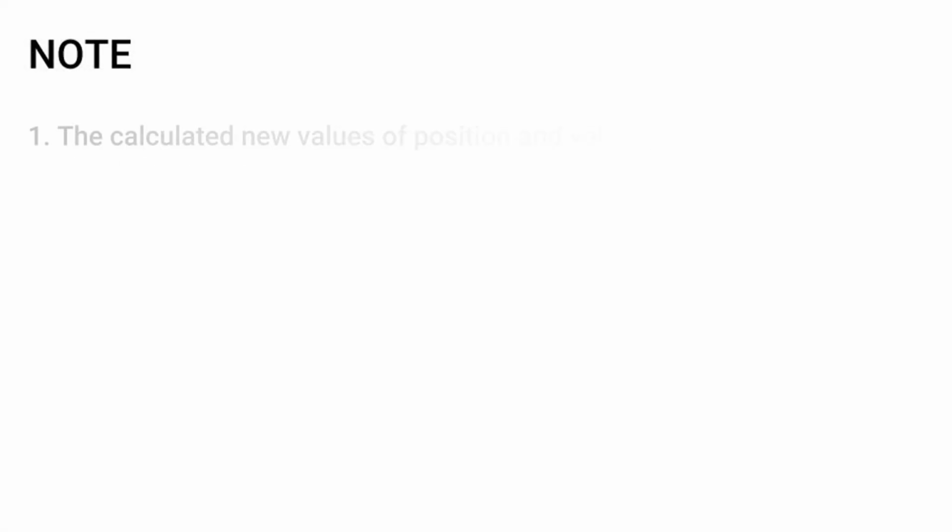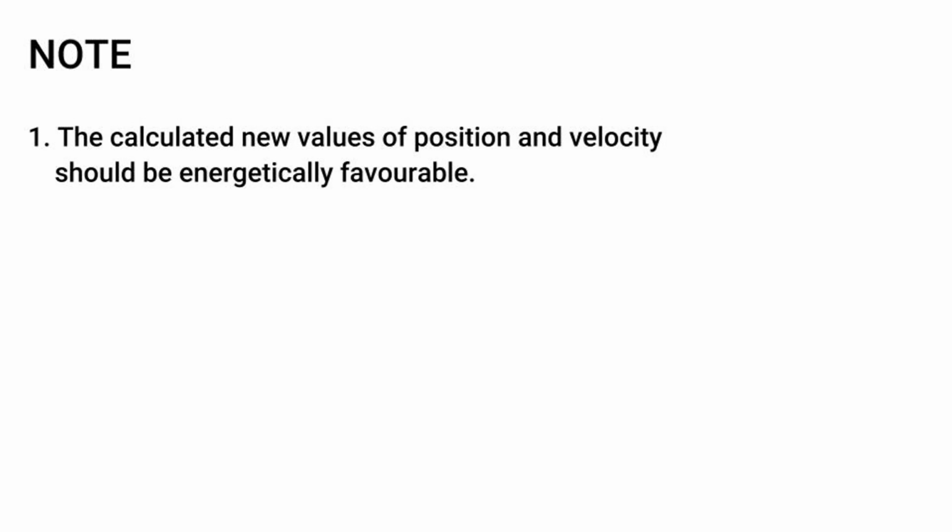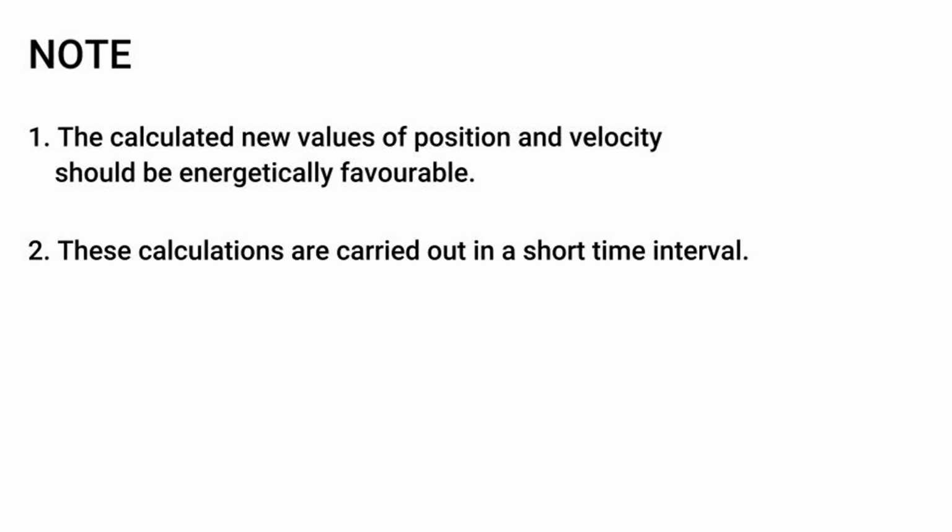Therefore, to accurately predict such new positions and velocity of individual atom from its initial values, we need to perform calculation with respect to time or by making measurement in a particular time interval. And this interval of time should be very, very small. By the term very, very small, I mean it should be the order of 1 femtosecond or 10 raised to minus 15th of a second.